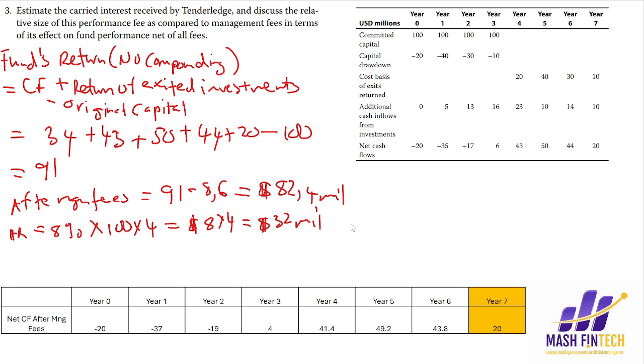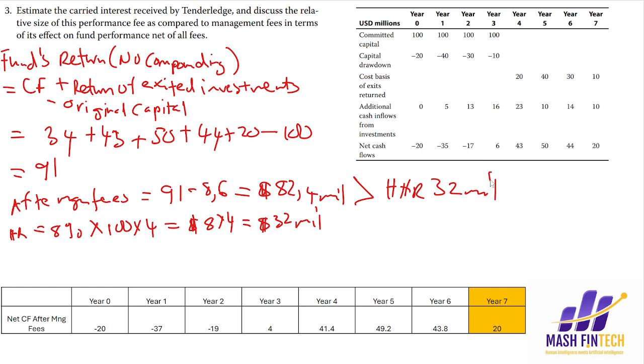And we see that our profit already has exceeded this. This is our profit, which is more than the hurdle rate of 32 million.